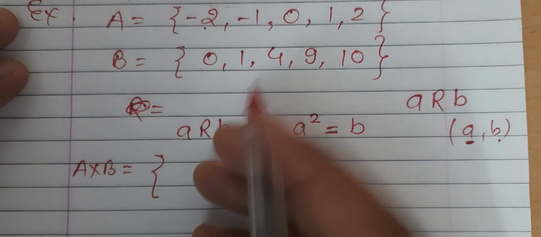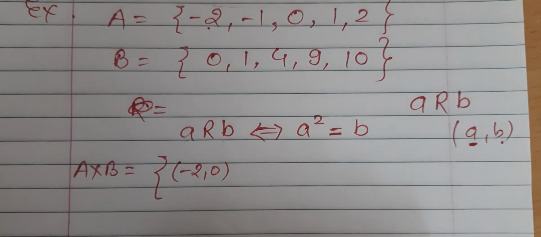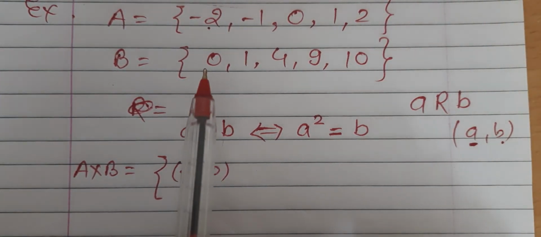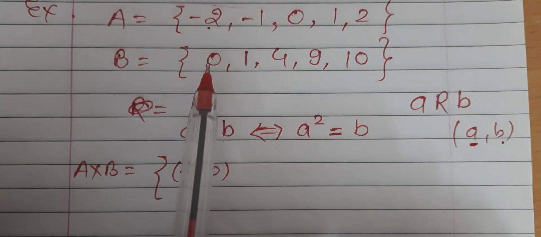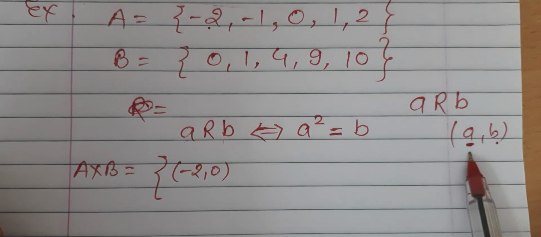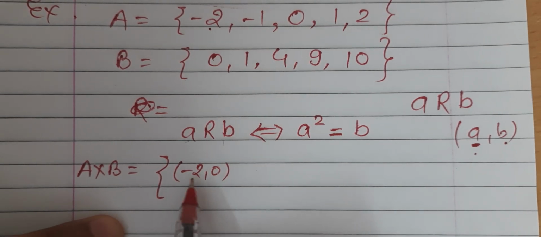Minus 2 comma 0. It is not necessary that you always write the Cartesian product first and then the relation. If you practice enough, you can write the relation directly. How? One by one we take the elements of the Cartesian product, and if an element follows this condition, it will also be an element of set R. So minus 2 comma 0.